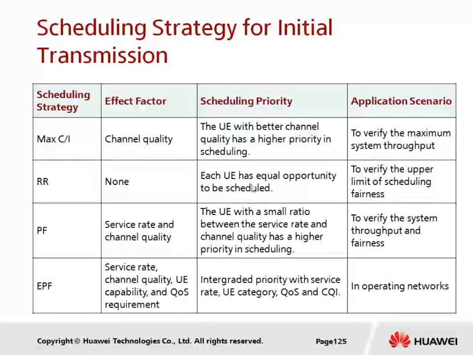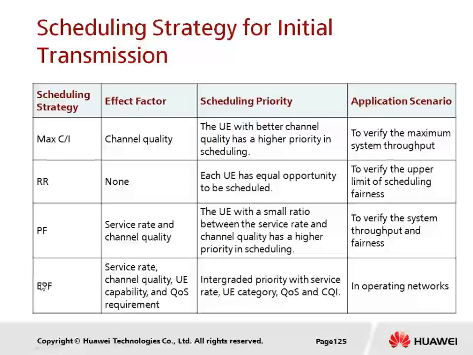In other words, we call it capital R divided by small r, where capital R stands for the theoretical bit rate which the user is supposed to achieve according to the CQI, divided by the small r, where the small r is the current service rate. So if the user has a smaller ratio between these two, then they have higher priority. So this is used if we wish to verify the system throughput and the system fairness.